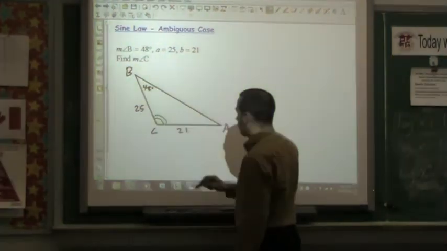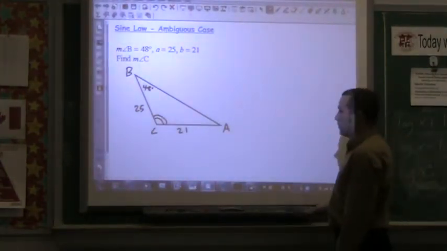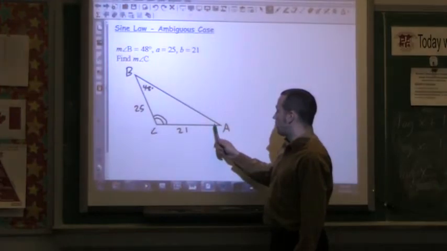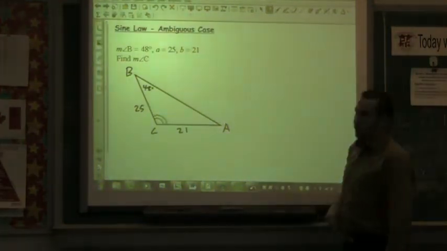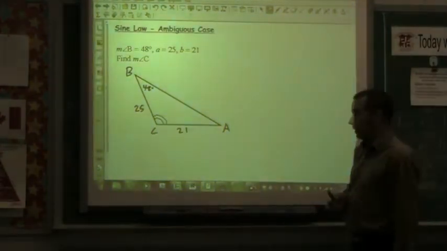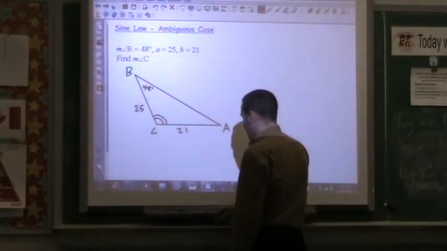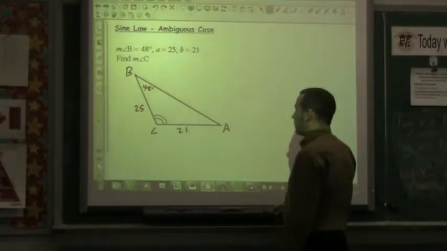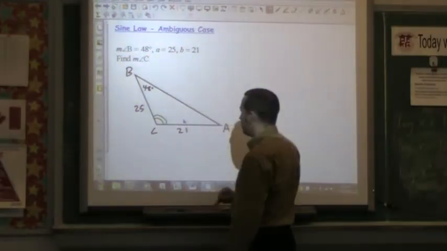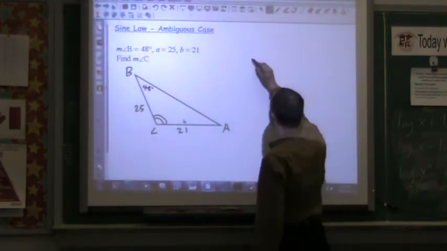So there's the angle they want. But you'll notice I have no side length to go with it, so I'm going to use my sine law, find angle A, and then I can go 180, subtract the two that I have to solve for angle C. So I set up my sine ratio here. I've got angle B, side B, so I'm definitely using that.